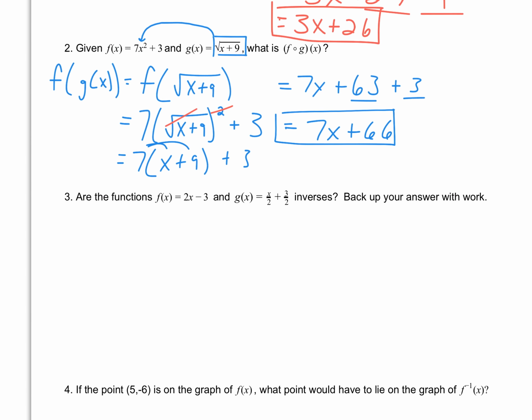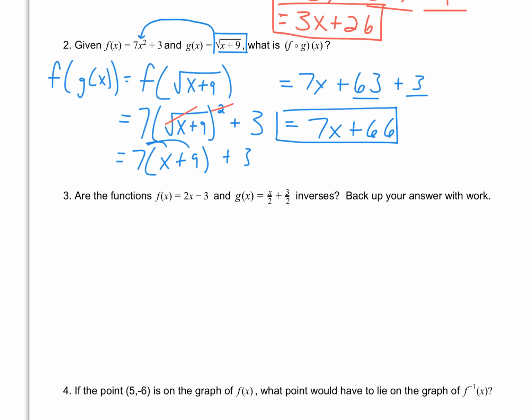Question 3, are the functions f of x and g of x inverses? And then it says back up your answer with work. So just a reminder, if f of g of x simplifies all the way down to just x, then f and g are inverses.